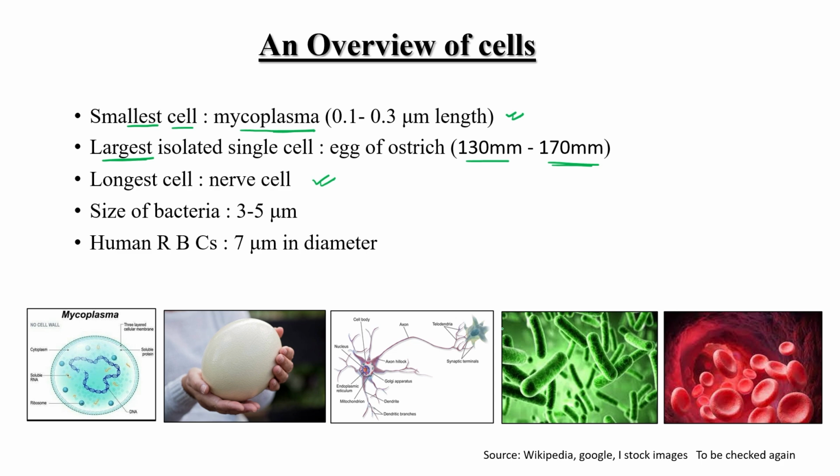It ranges between 3 to 5 micron. And what is the size of any RBC? About 7 micron in diameter. Means our human RBC is comparatively bigger than bacteria. Okay, so these are some interesting facts related to cell.